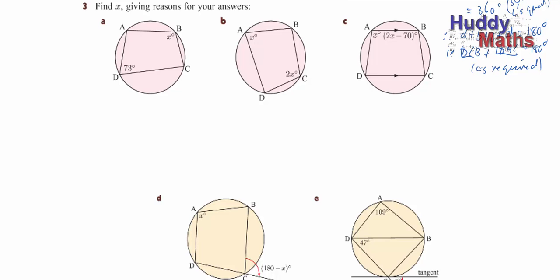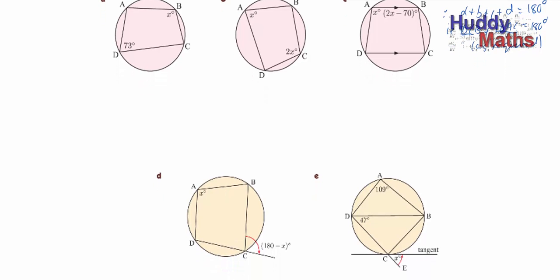Okay, so pause the presentation, let's try these now. I'll go through these. All right, so let's have a look. Find x, giving reasons for your answer. Well, A, B, C and D are on the circumference of a circle, so therefore x equals 180 take 73, opposite angles of a cyclic quadrilateral, and so that implies x equals 107 degrees.